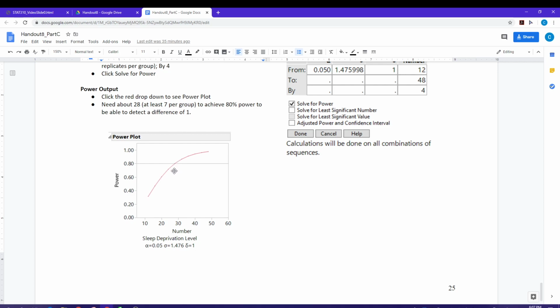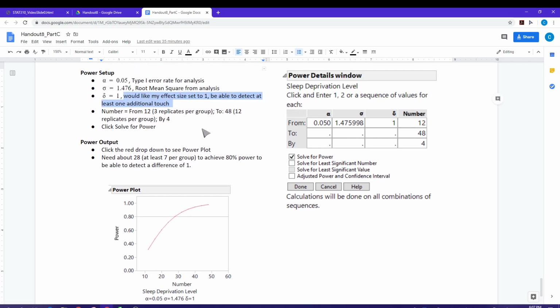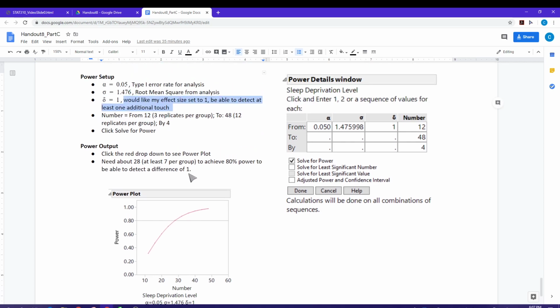If I want to achieve 80% power, I need to put at least 7 in each group. And that again was to be able to detect an effect size of 1. If I move all the way up to 12 per group, which is going to be way up here at the top at 48, I'm almost certainly going to be able to detect the difference, if it exists, of 1 or anything greater than 1.